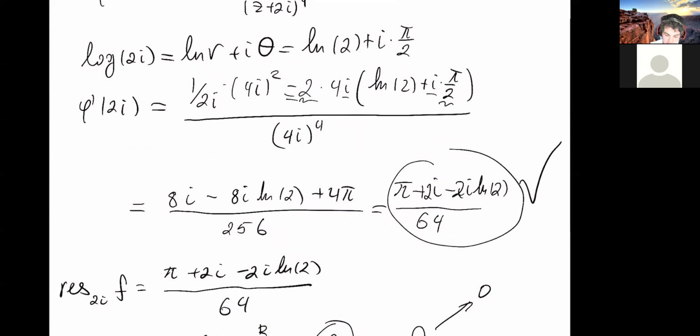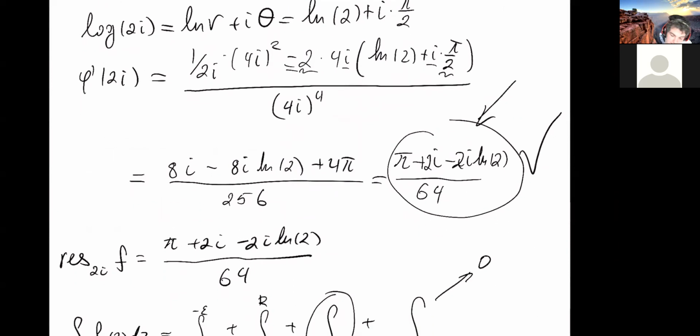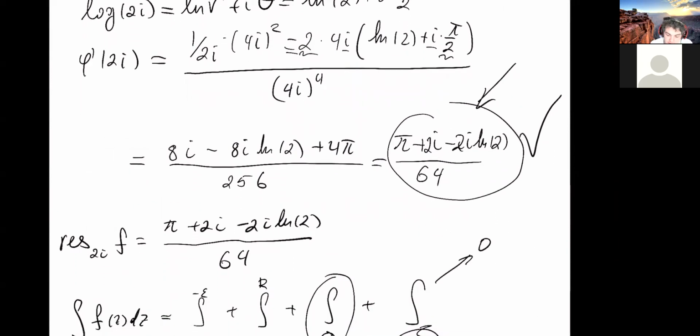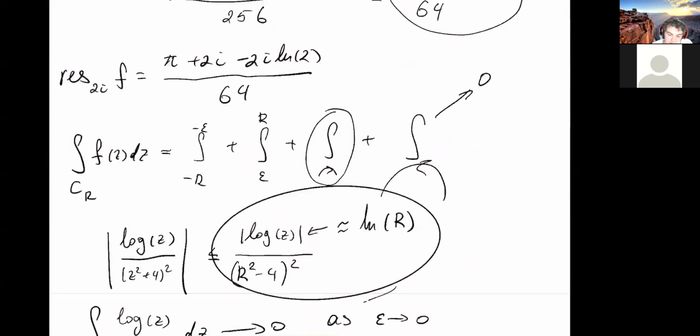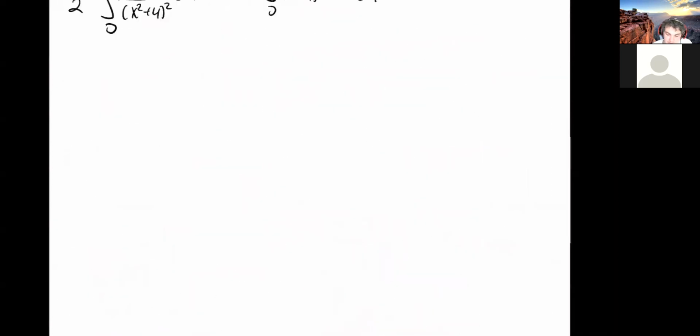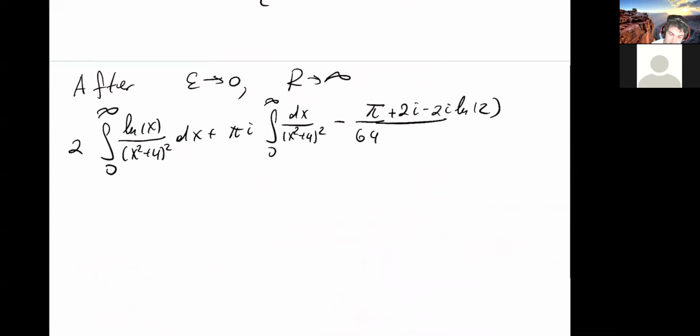This is my phi prime of 2i. So I messed up in this line. This is my phi prime of 2i, but no, sorry, I didn't mess up anything, but I need to take the residue and multiply it by 2 pi i, because the residue theorem tells me that I need to multiply my residue by 2 pi i. There we go. Okay, awesome.